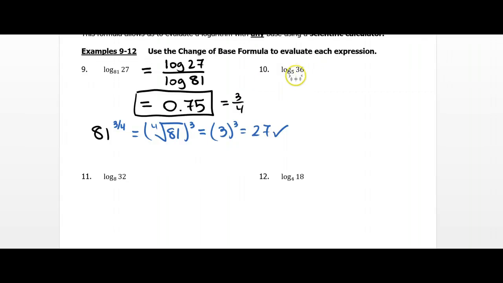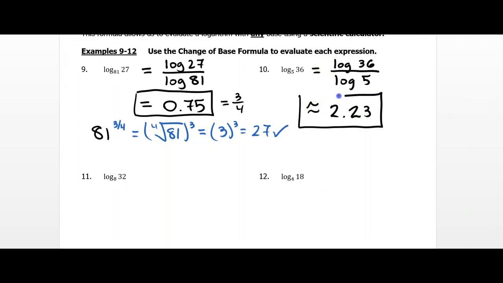Number 10, we have log base 5 of 36. In order to do this one you'll have to use a calculator. You can do log base 10 of 36 divided by log base 10 of 5. If you do that on a calculator, you get approximately 2.23. Number 11, log base 8 of 32.